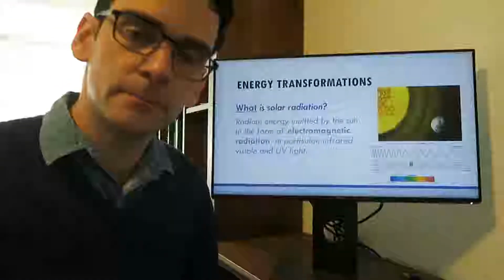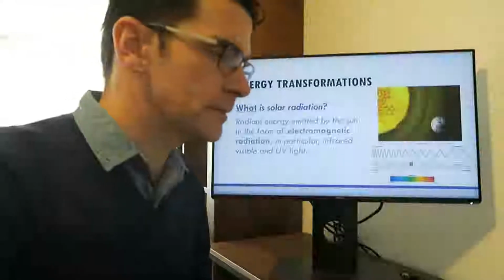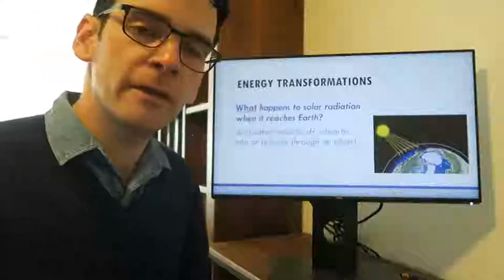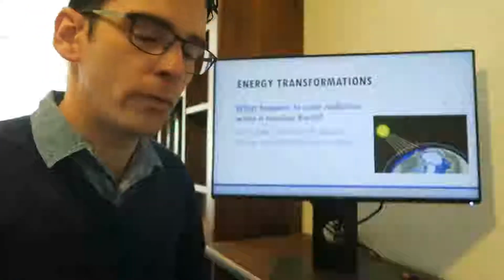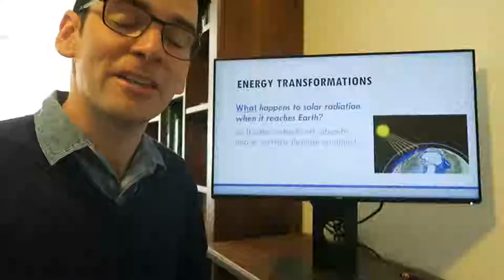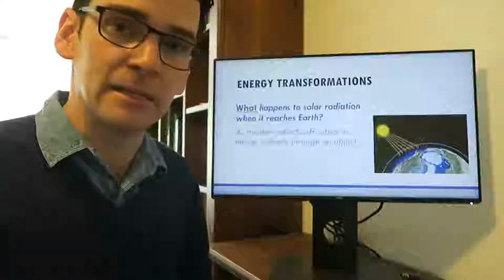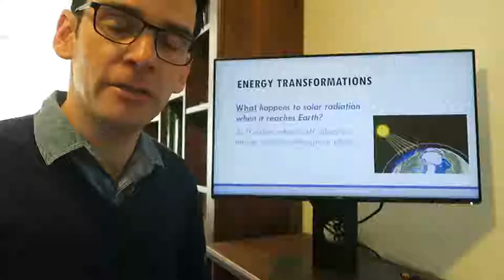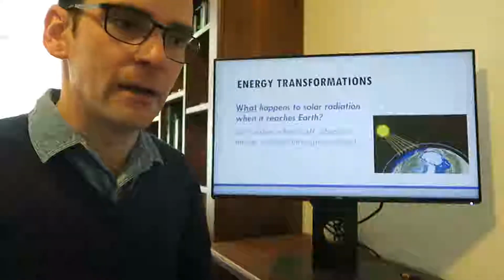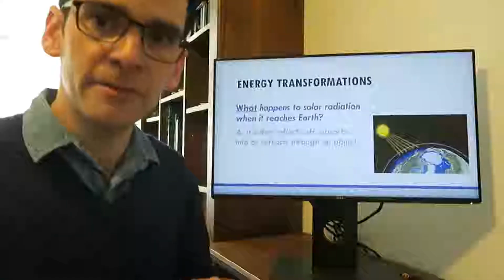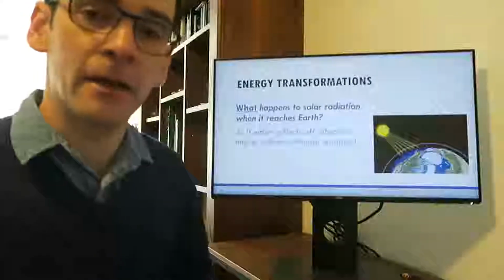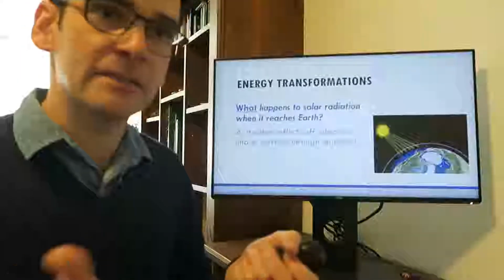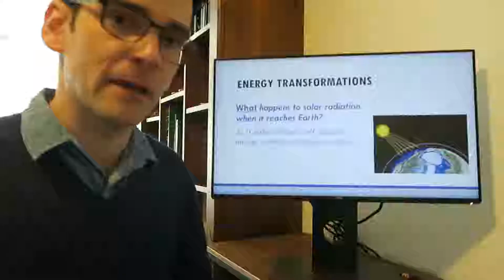All right, still with me? Excellent. So that's what solar radiation is technically. It's a form of electromagnetic radiation, particularly within the infrared, visible and UV radiation. Now, if we were on another planet, potentially that sun would emit different types of light.